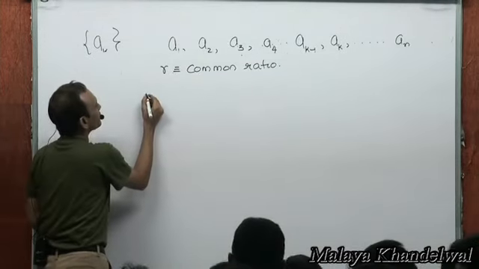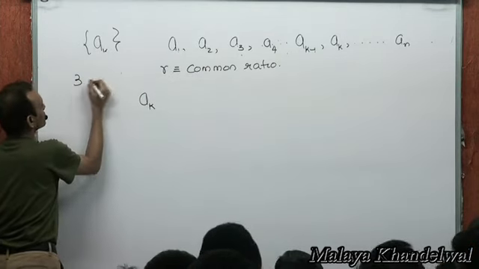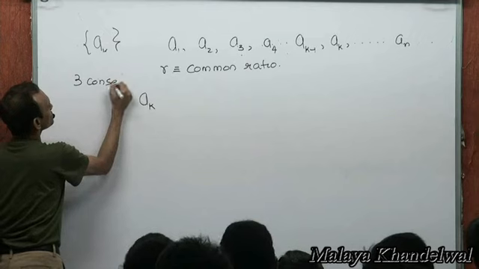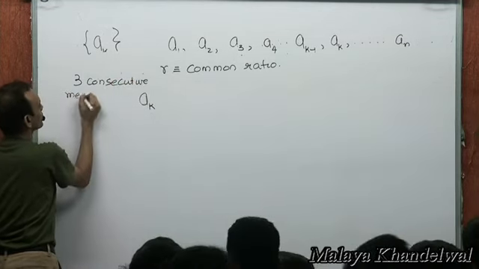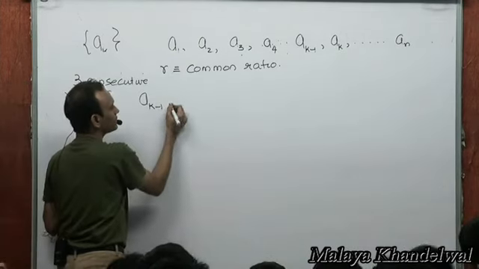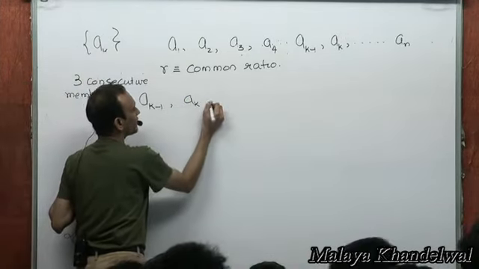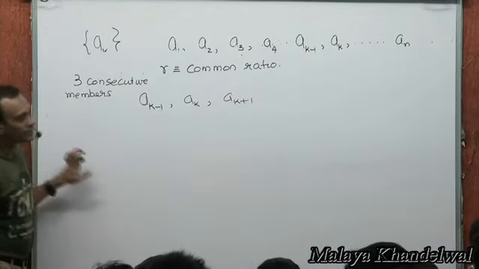See, if I take 3 consecutive members of a GP series, any 3 consecutive members, AK minus 1, AK and AK plus 1. These are 3 consecutive members of the GP series, right?